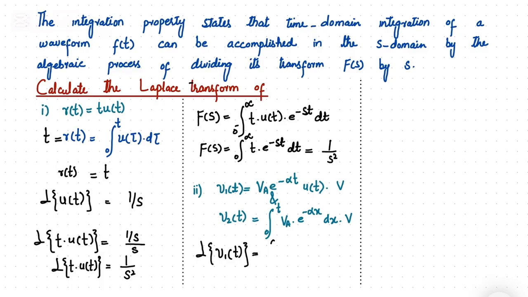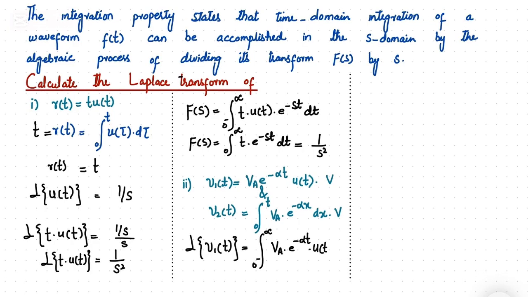So the Laplace transform of v1 of t would be equal to the integration from 0 minus to infinity of va, which is constant, into e raised to power minus alpha t into u of t into e raised to power minus st dt. So it would be equal to the integration from, instead of writing 0 minus, I am writing 0, because u of t would be 1, for 0 to infinity.